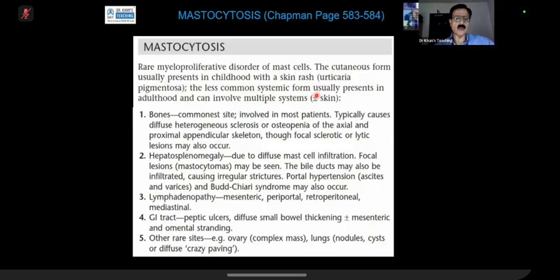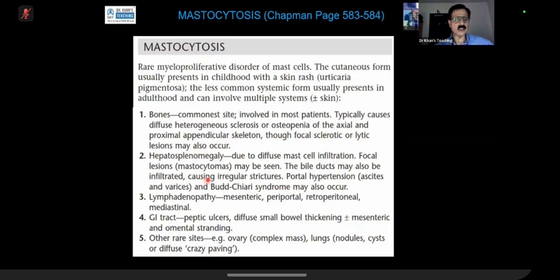The less common form can involve multiple systems, and that is why they will ask you in the 2B exam. Bones is a common site, and generalized or localized increased bone density can cause focal sclerotic lesions, and it can cause diffuse sclerosis also, and hepatosplenomegaly, lymphadenopathy.